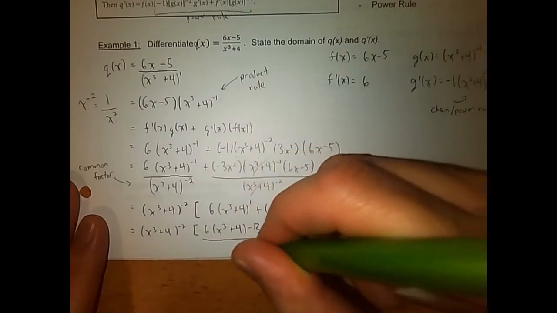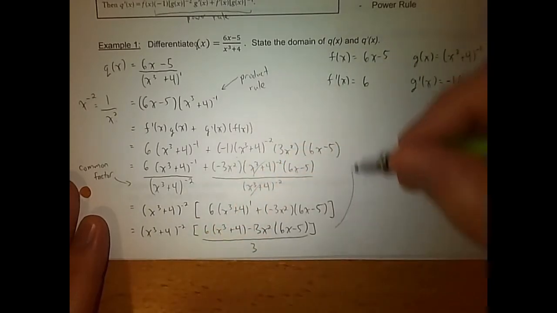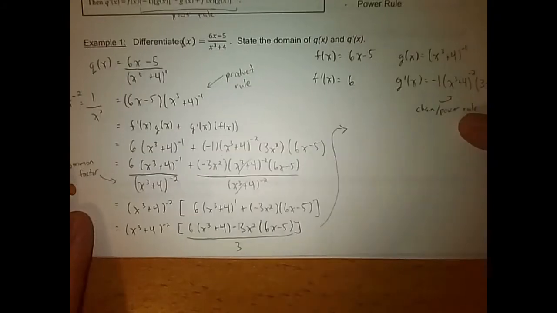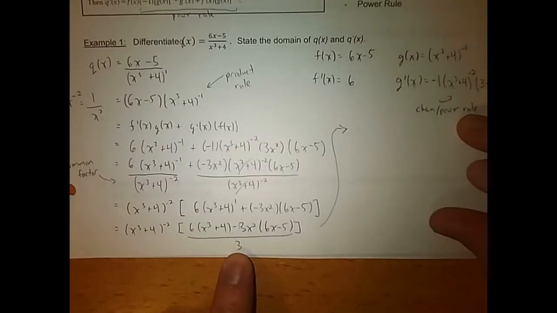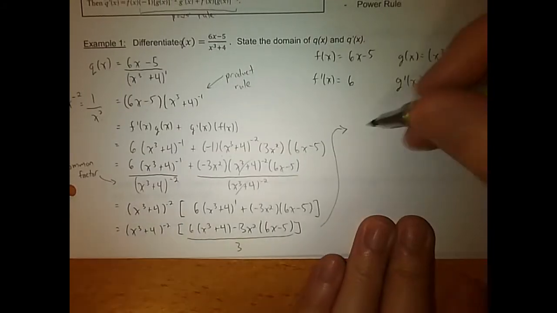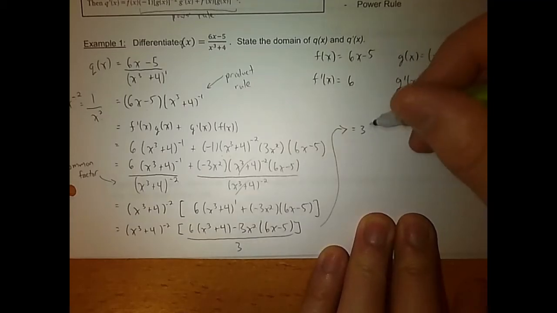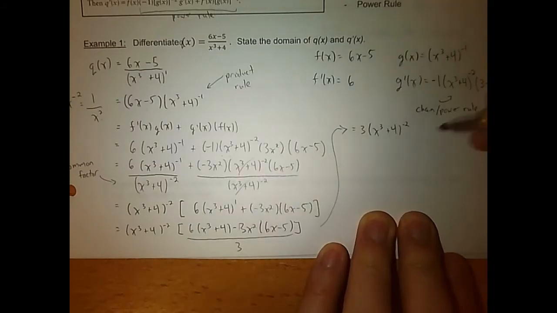The 3 is a common factor, so I bring it to the front. Always bring your common factor to the front. And then inside the brackets we have left over 2 times x to the power of 3 plus 4 minus x squared times 6x minus 5.